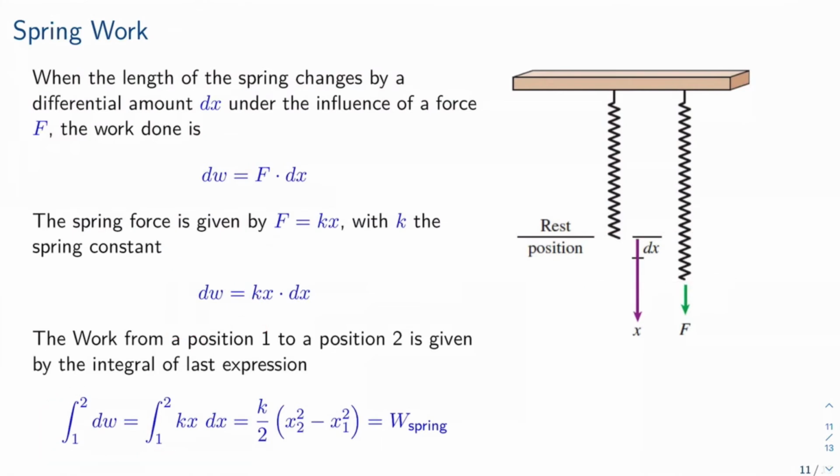So the integral of the work from 1 to 2 is equal to the integral of kx dx from 1 to 2. k is a constant, so it comes out of the integral, and the integral of x is x squared over 2. Evaluated at 1 and 2, that is x2 squared minus x1 squared. So that's the work due to the spring.